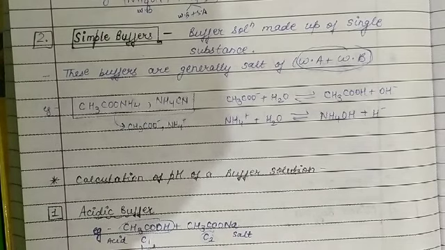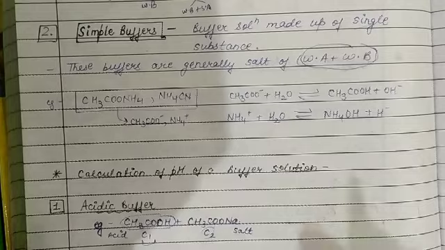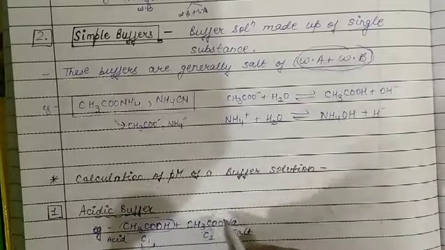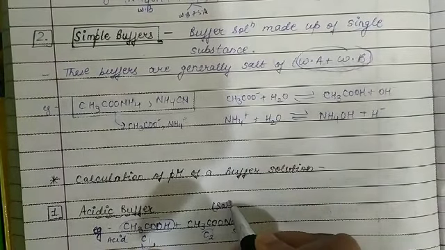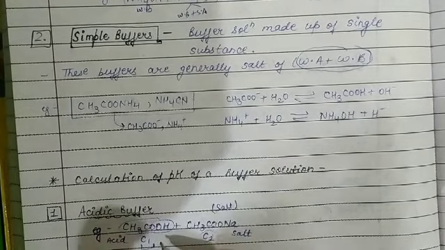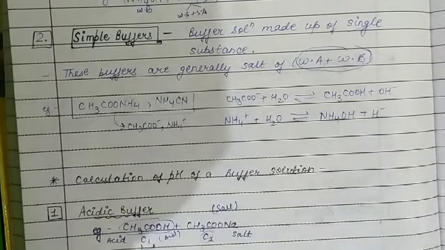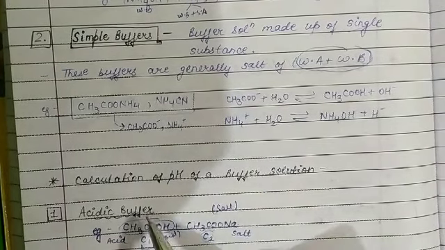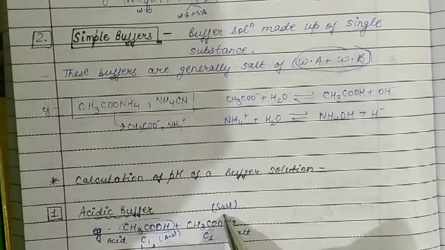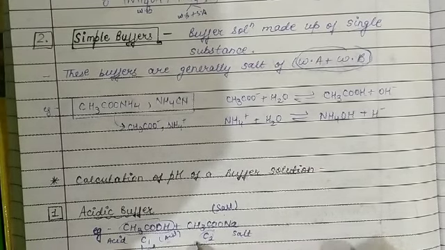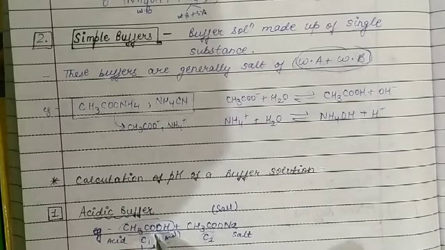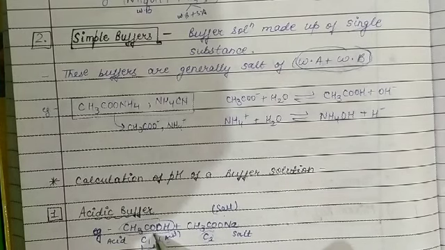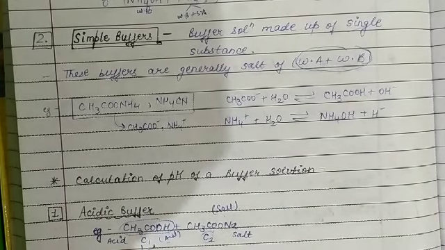Now how can we calculate the pH of this acidic buffer? Basically this is the salt, and this is the acid. So an acidic buffer consists of weak acid and its salt with strong base.